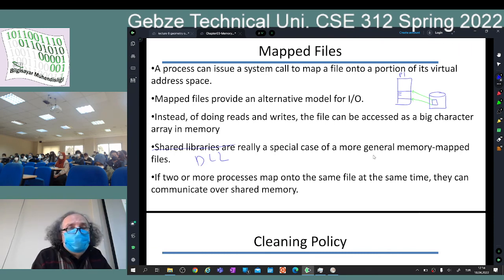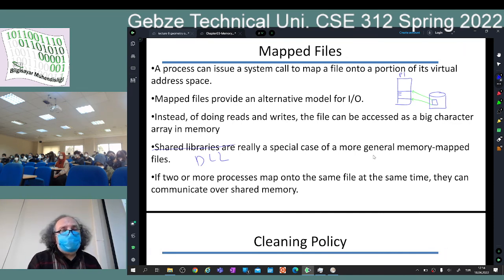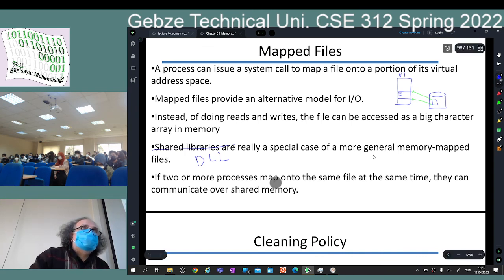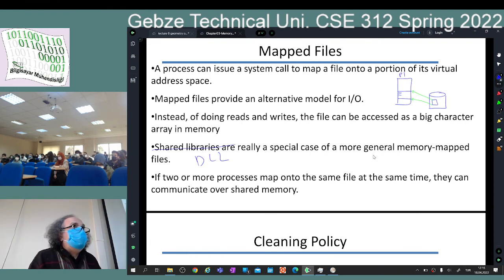Okay, mapped files. And if two or more processes map onto the same file at the same time, they share the same DLL file. Or if I let those processes modify those shared pages, then I am doing inter-process communication. Remember what we said about the inter-process communication between the threads?